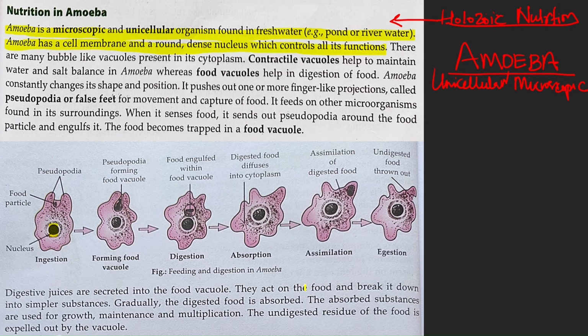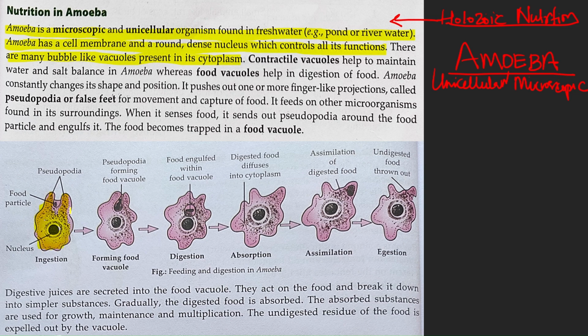So they have represented this whole food intake process, Holozoic nutrition, with the example of amoeba explained in a picture. So this is the nucleus. There are many bubble-like vacuoles present in the cytoplasm. So this place is called the cytoplasm, surrounding the nucleus.